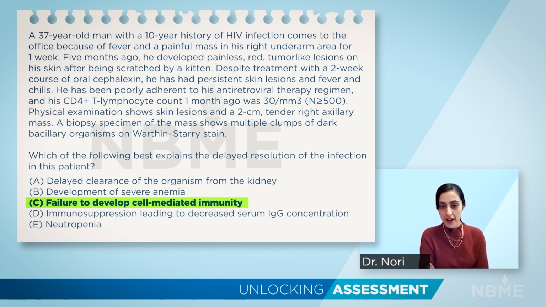This is really why these hosts are susceptible to fungal infections, to viral infections, to certain opportunistic bacteria like Bartonella henselae, and also to certain types of malignancies. But also understand that at profound degrees of T cell suppression, you're also going to suppress other things.